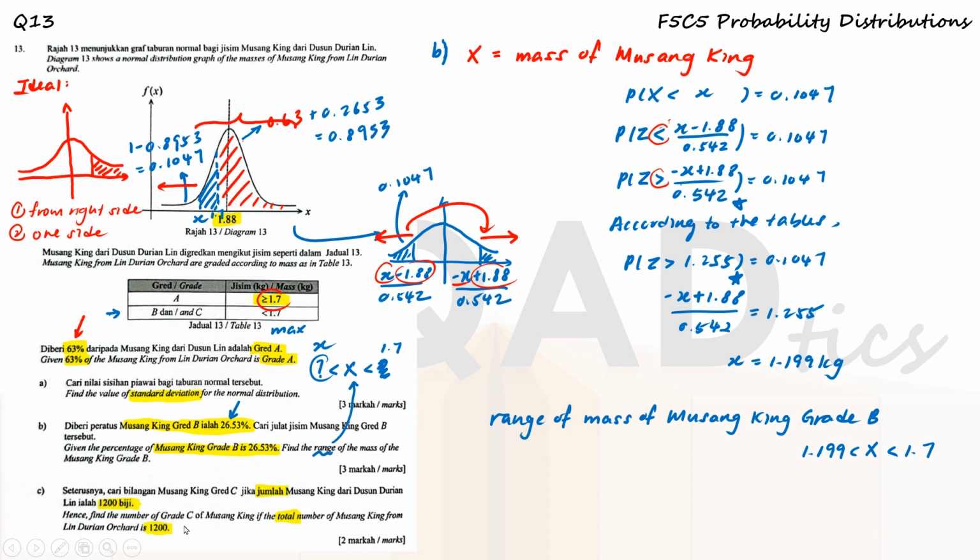We only need to find the probability of a grade C durian, which we already found, because more than x is actually the durians which are grade A and grade B. So less than, the white color part that we have, has an area of 0.1047. To find the number, we multiply the total number and the probability. Our answer will be 125.64, and we round it up to the nearest whole number, which is 126.